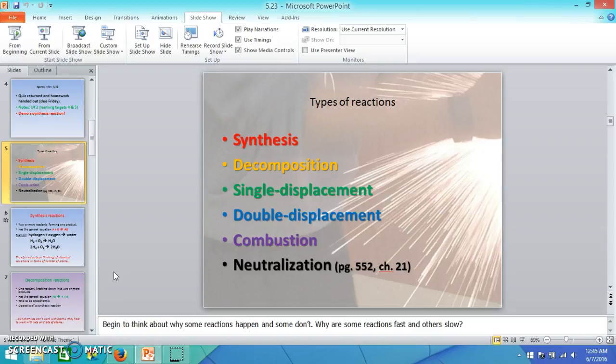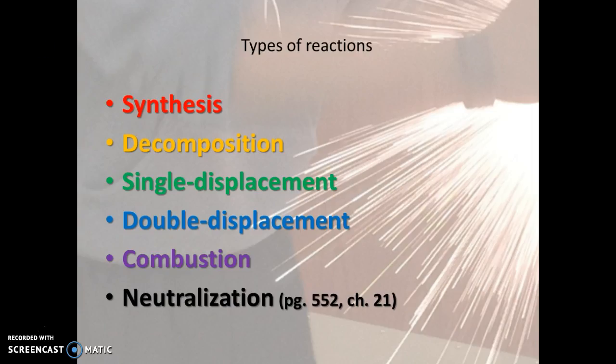And so you just have to be persistent and keep trying and trying. But with the types of reactions, there is none of that. It's just recognizing, and that recognition is going to come from memorizing. Most of you are getting it with your notes, but you need to commit that to memory now for the test. So let's go ahead and look at some of these a little closer.